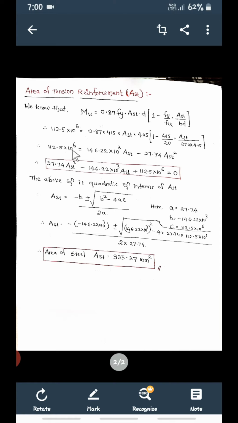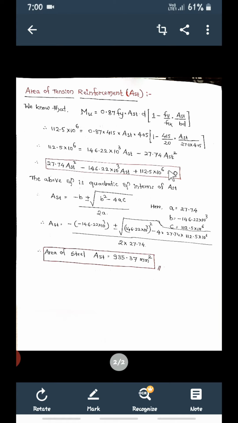So 112.5 into 10 to the power of 6 is equal to, so now multiply this term first, this into 1, that is 0.87 into 415 into 405 into 1 AST. Again multiply this term with this term, we are going to get this 27.74 into AST square.